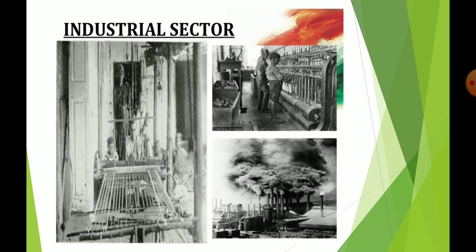And the agriculture sector's condition was also very bad. It was stagnated and backward because of the zamindari system and commercialization of farming. Here in this video we are going to discuss the condition of the industrial sector.